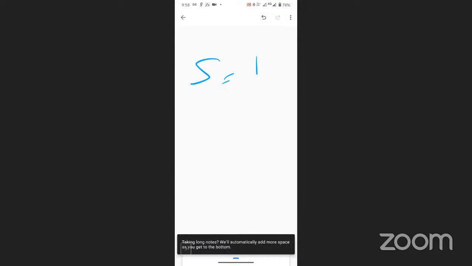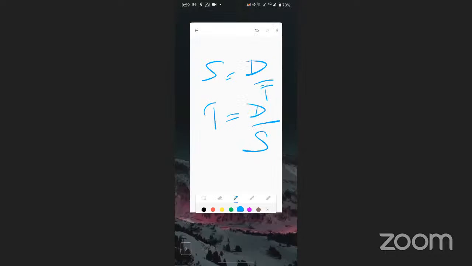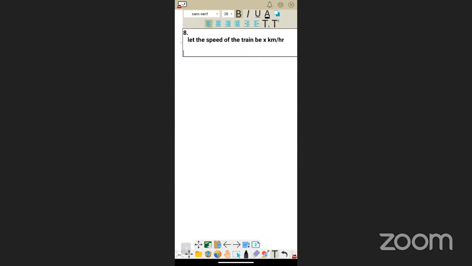If speed equals distance by time, then time goes up on cross multiplying, and speed goes down, so time becomes distance by speed. Understood? You will understand why I am doing this very properly right now. Let me go again to the main screen. So I have made time as distance by speed.